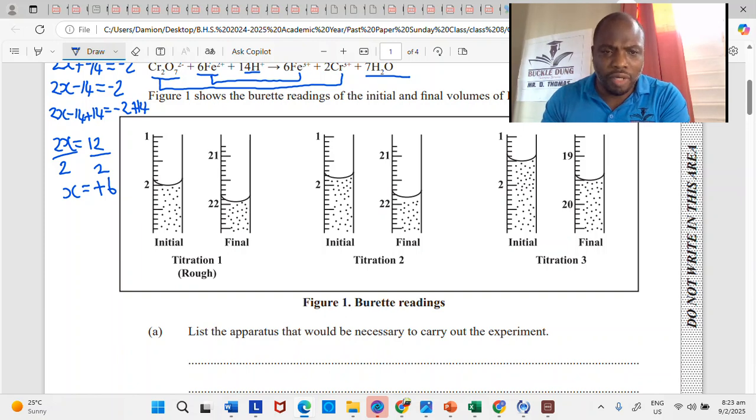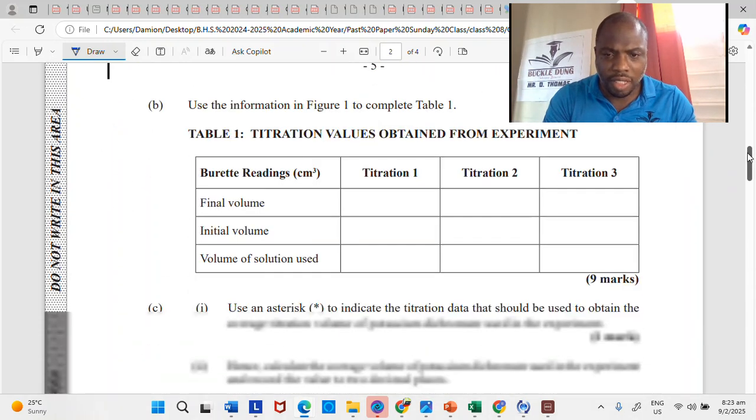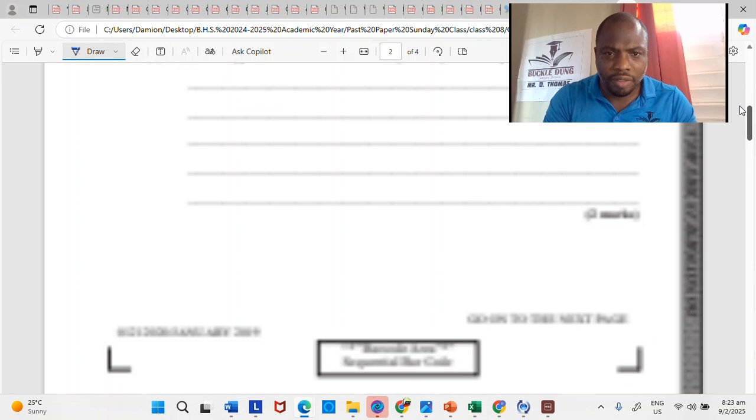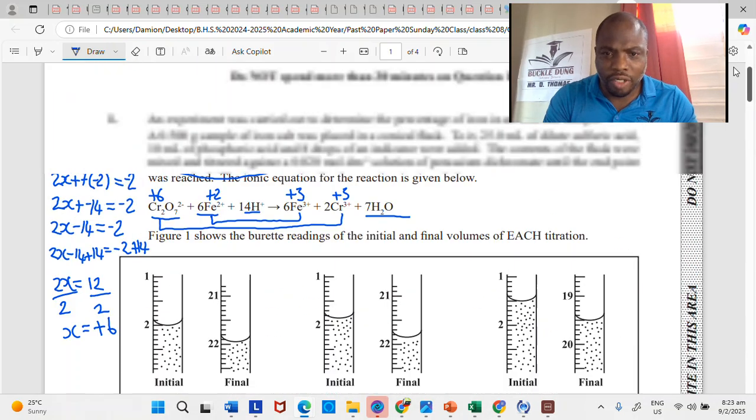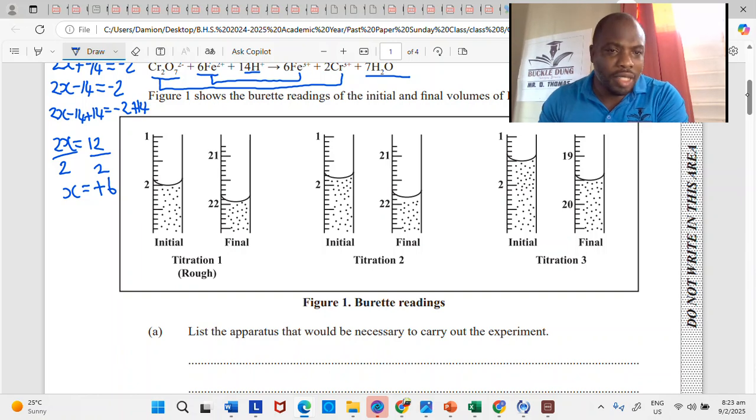Remember, we read the burette from the top to the bottom. Remember the meniscus. So let me just double check something. Should get a table. Yeah, the table is there. So somebody just write down the numbers for me so that when I move down to the table we can have it. Can you tell me what's the reading on this initial?